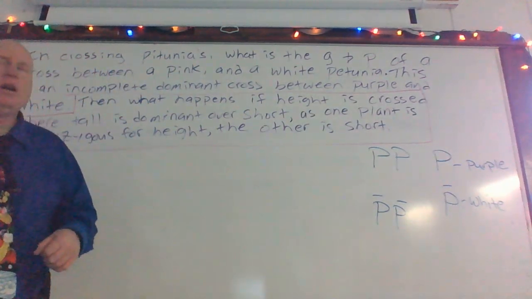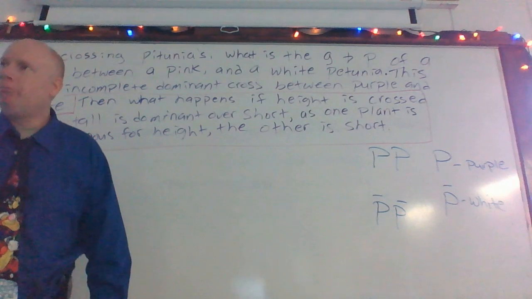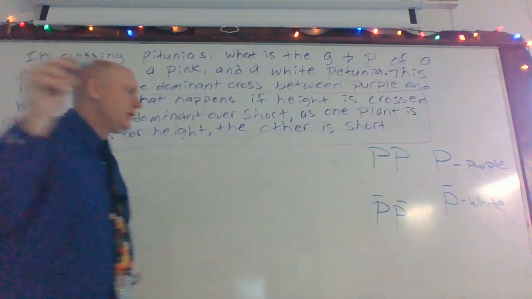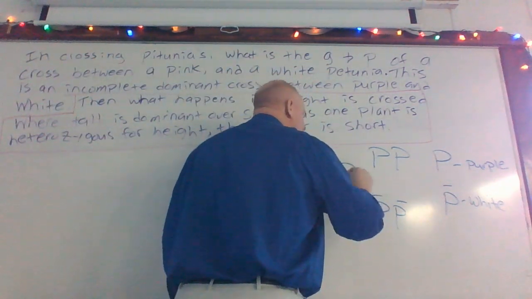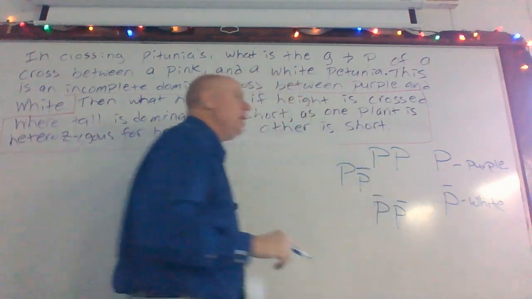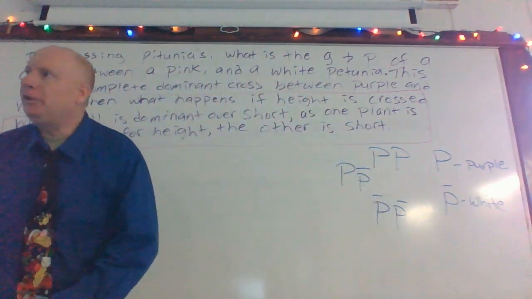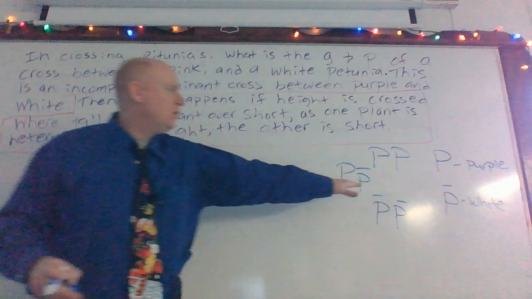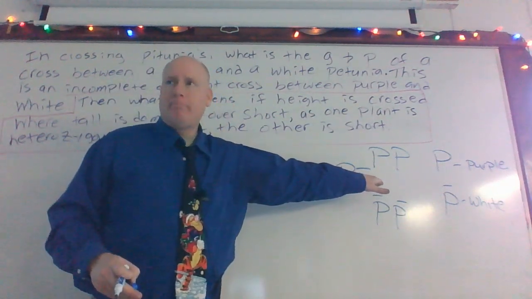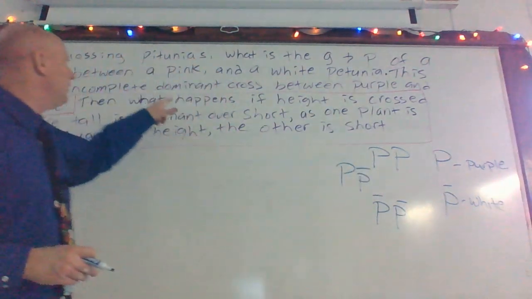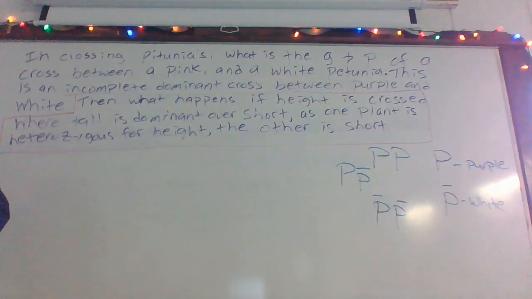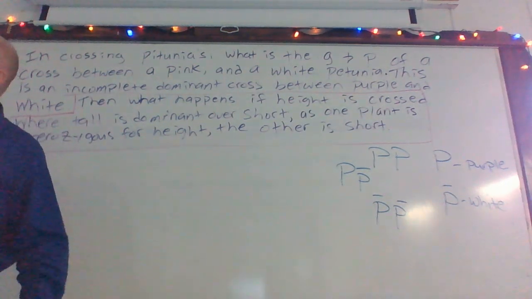All right? But if it's an incomplete dominant cross, if you have this, if it was completely dominant, this would be what? Purple. But if it's incomplete, that means it doesn't fully mask that over.